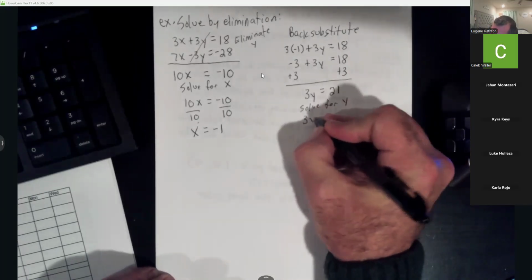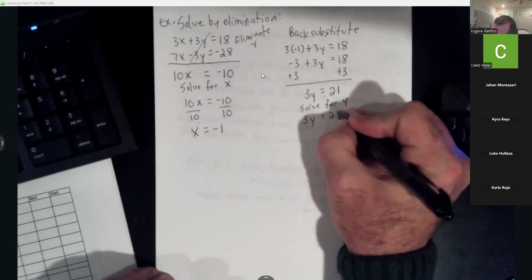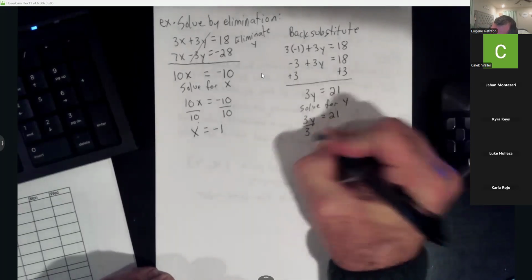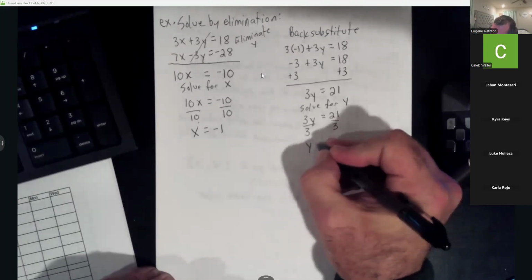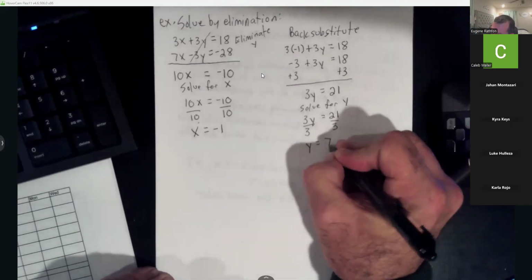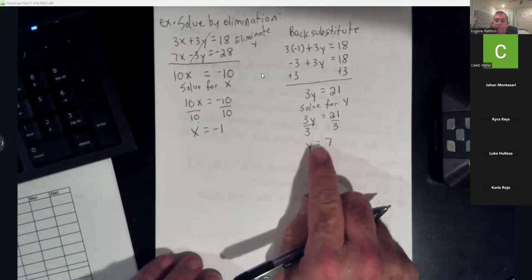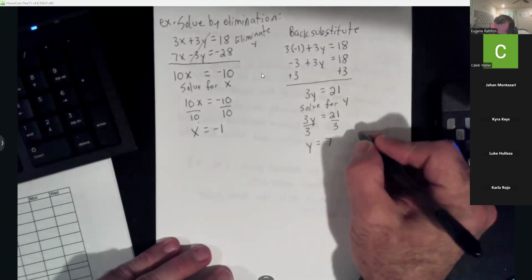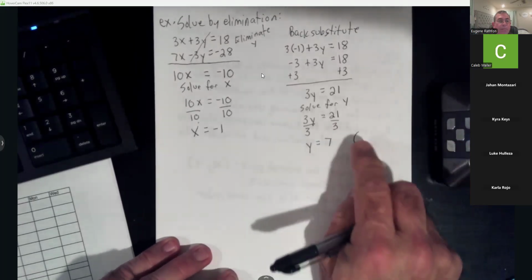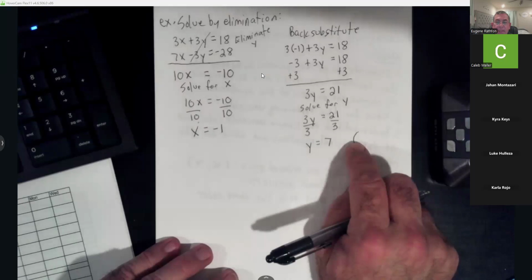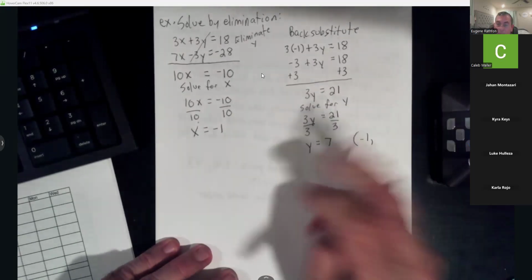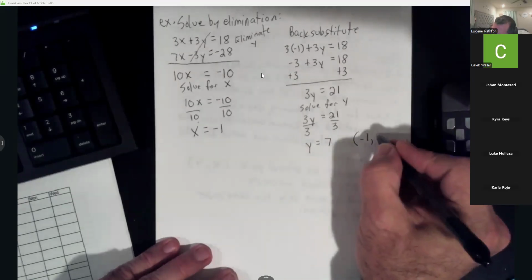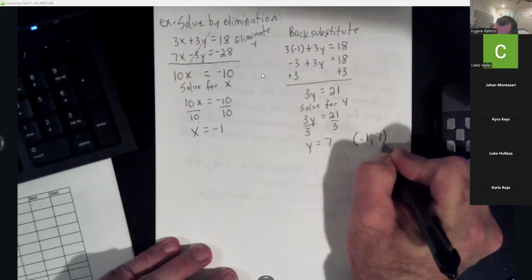So my 3y equals 21. I'm going to divide both sides by 3. So that gives me a 1y equal to a positive 7. So in MATLAB, my answer has to be in parentheses. I put my x first, which is -1, and then my y, which is 7.